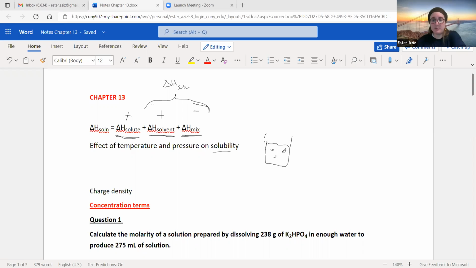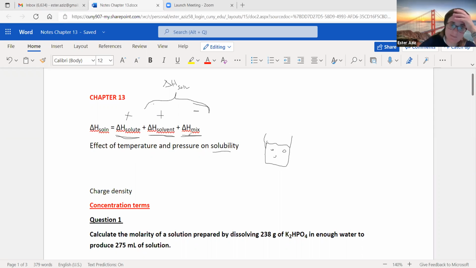The higher the temperature is, the faster these gas molecules are moving, and therefore the more of them are going to be able to escape the liquid. So actually, the higher the temperature is, the less soluble your gas will be. Temperature has a direct relationship with solubility for solids, but it has an inverse relationship with solubility for gases.